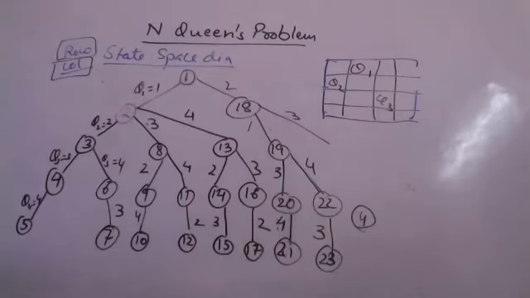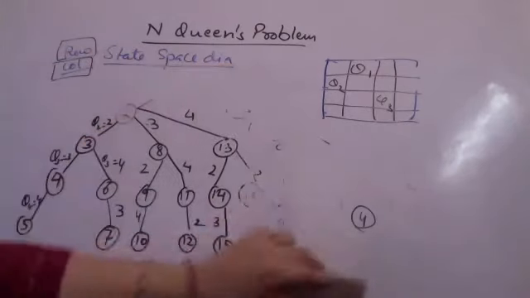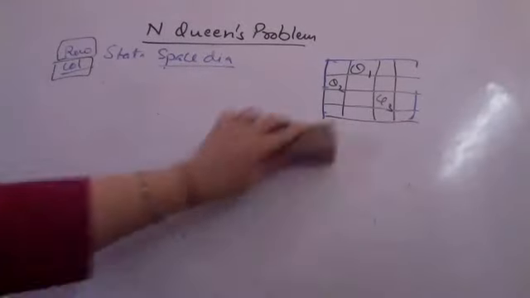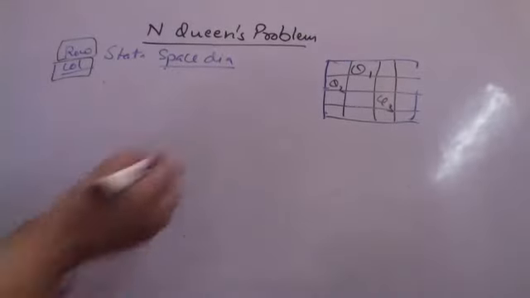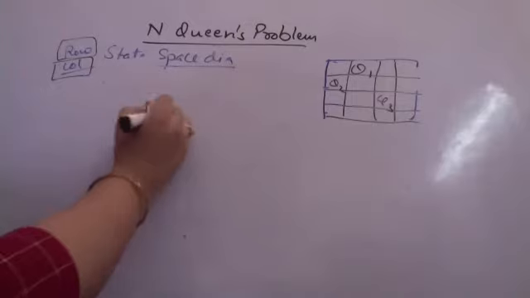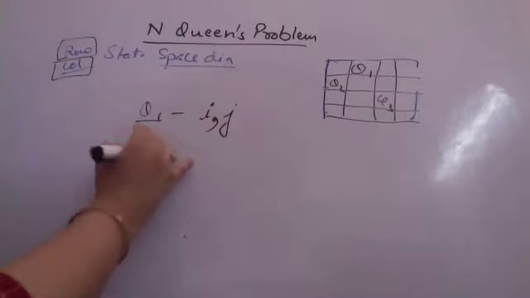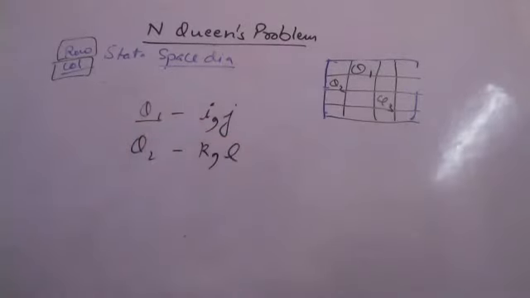If I am placing 2 queens at the positions, I am placing queen 1 at position I, comma J, and queen 2 at position K, comma L. These are the positions of the 2 queens.